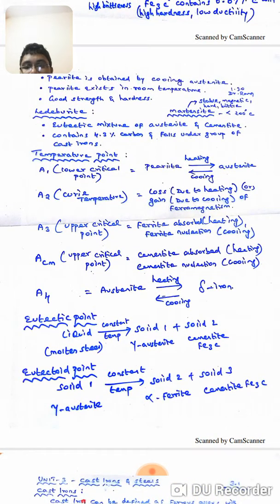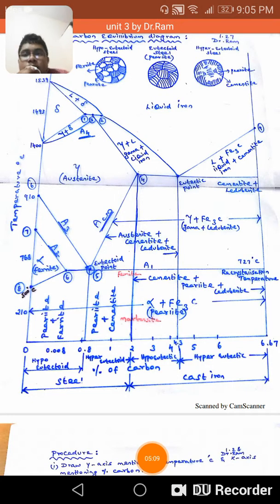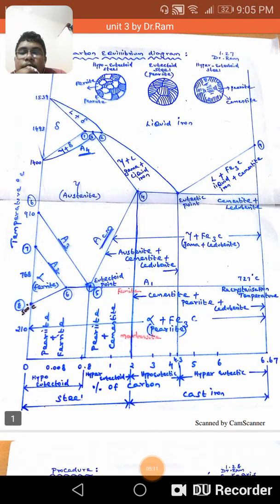And now coming to the graph. Here the iron carbon diagram is divided into two parts: the eutectoid side is in steels, and the eutectic side is in cast iron. The eutectoid side is divided into hypoeutectoid and hypereutectoid.